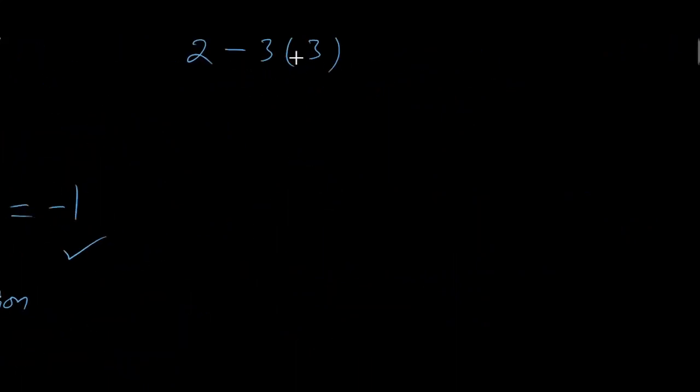Once again we should use PEMDAS. Are there any parentheses? No. Let us remove the parenthesis; we can write it directly as 3 times 3. Now there are no parentheses, no exponents, but multiplication is there, so we can do that. 3 times 3 is 9. So 2 minus 9. There are no parentheses, no exponents, no multiplication, no division, but addition and subtraction. So subtraction is there. 2 minus 9 equals negative 7. So that is the answer.